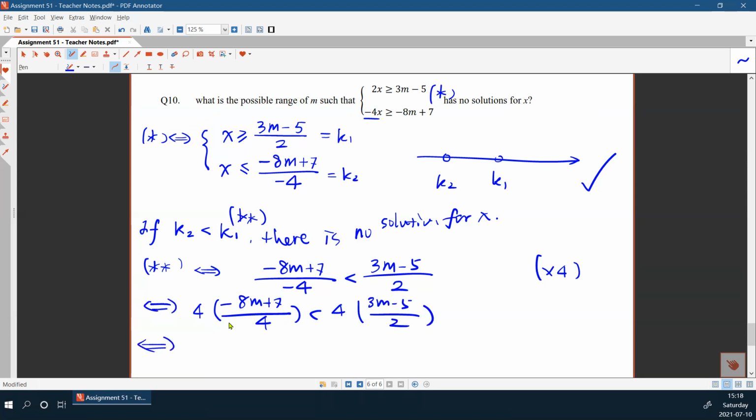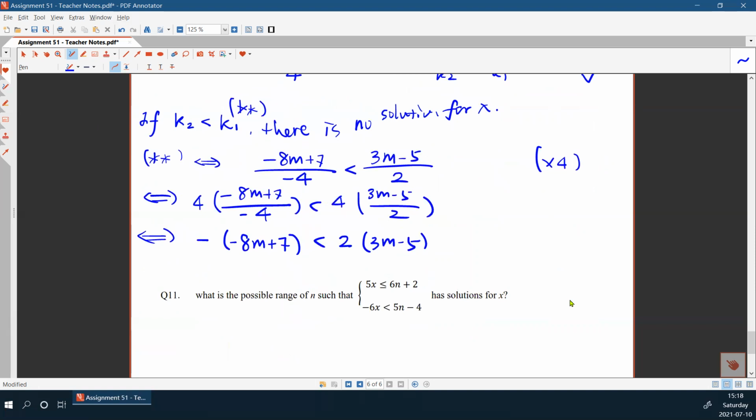And this is equivalent to, sorry, I lost a negative sign here. And here, 4 cancels with minus 4, which leaves us a minus 1, right? So minus (8m plus 7) less than 2 times (3m minus 5). Okay, this is equivalent to 8m minus 7 less than 6m minus 10, right?